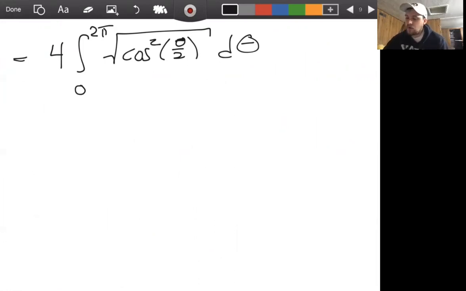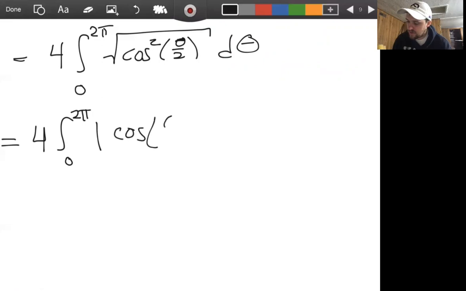And now we can cancel the squared with the square root, but we need to be a little careful because cosine is not always positive. So once we cancel the squared with the square root, we have to pick up an absolute value.